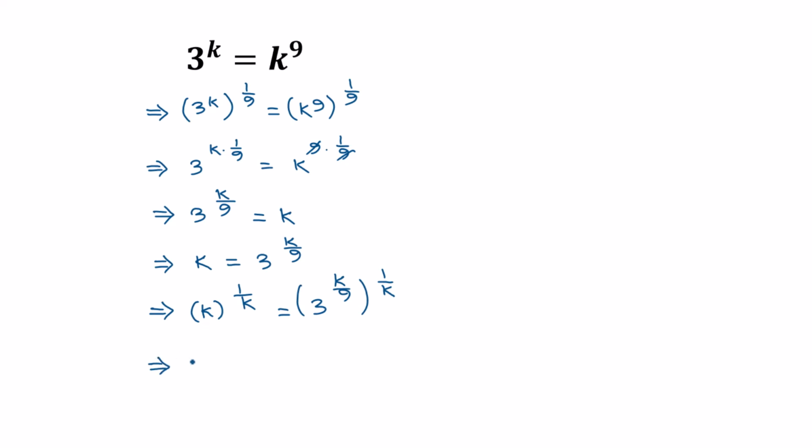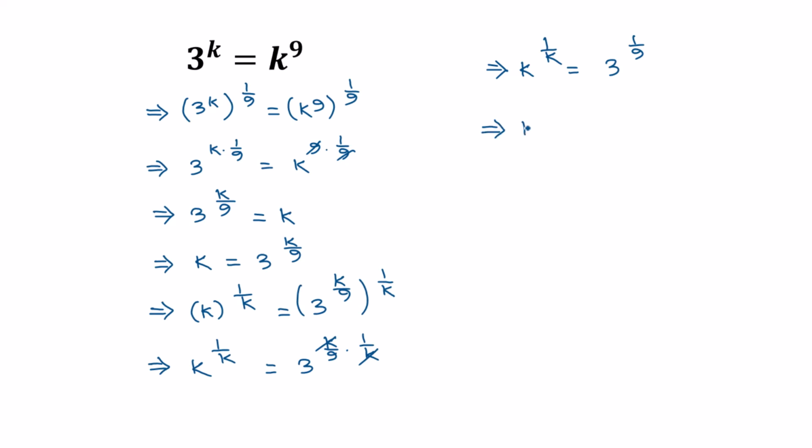So the left side will be k to the power of 1 over k is equal to, from the right side we can write 3 to the power of k over 9 times 1 over k, or the left side is k to the power of 1 over k is equal to, from the right side this k and this k will cancel and it will be 3 to the power of 1 over 9.